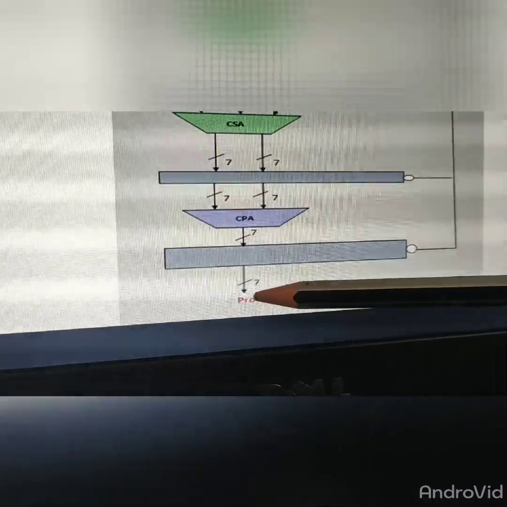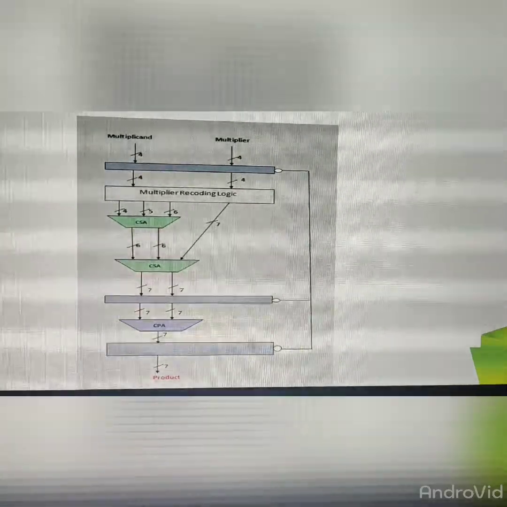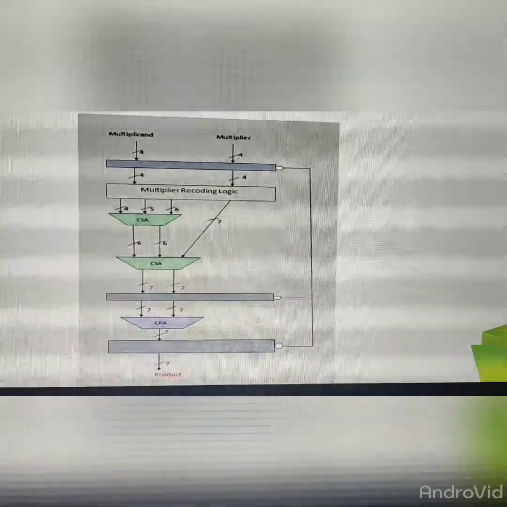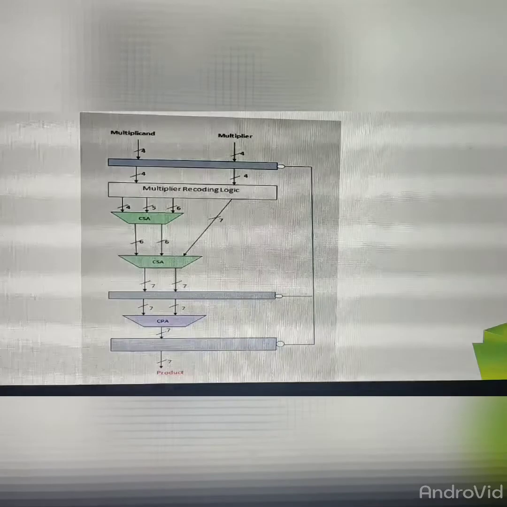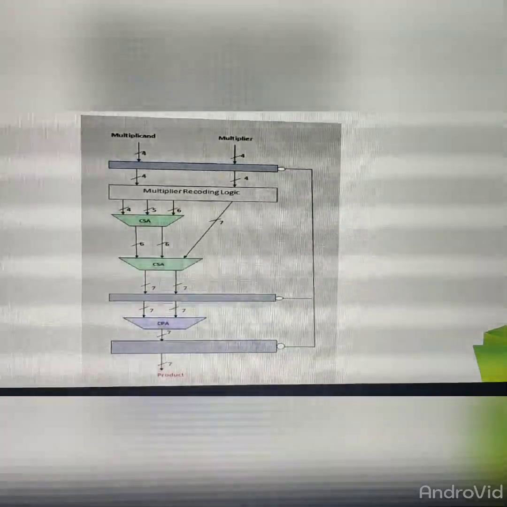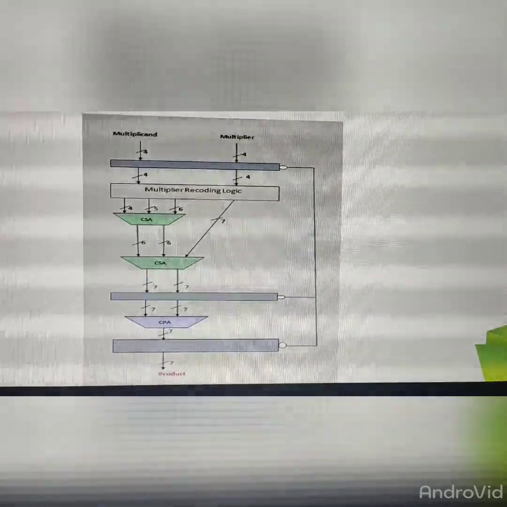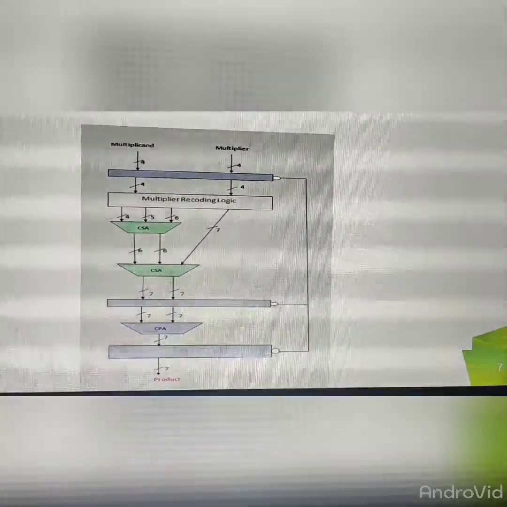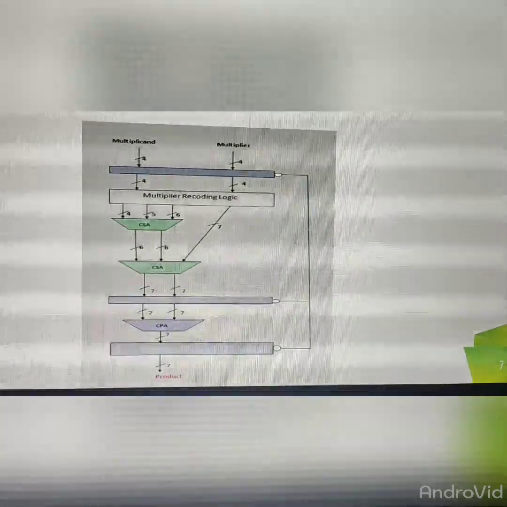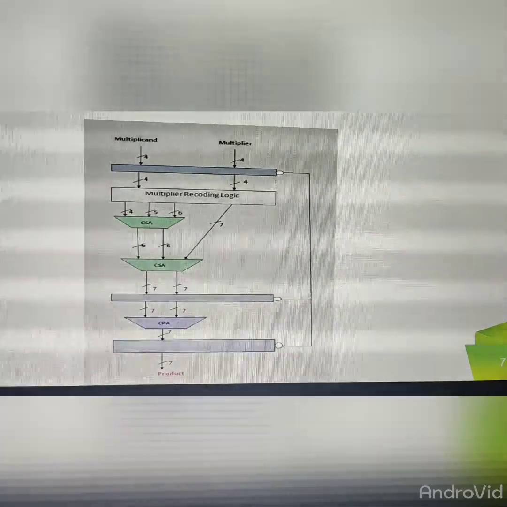This sum is the final product of the multiplication. So this is the process to implement arithmetic pipeline for fixed point multiplication of 4-bit integers using only carry save adder and carry propagate adder. In the same way, you can implement an arithmetic pipeline for fixed point multiplication of 8-bit integers.